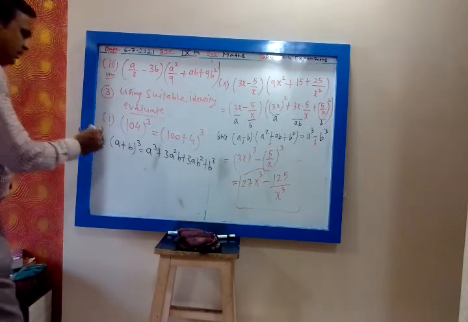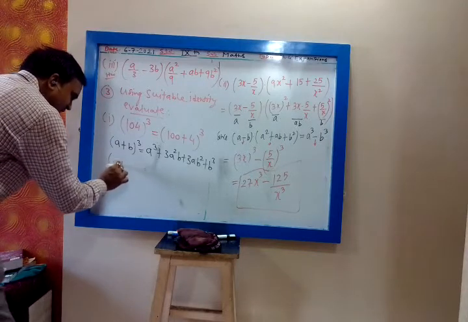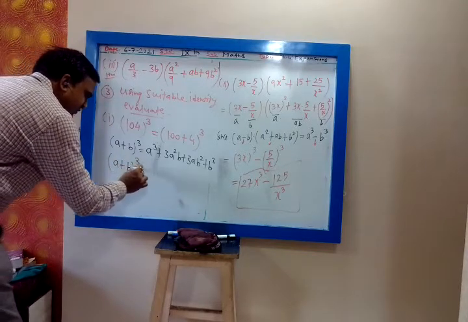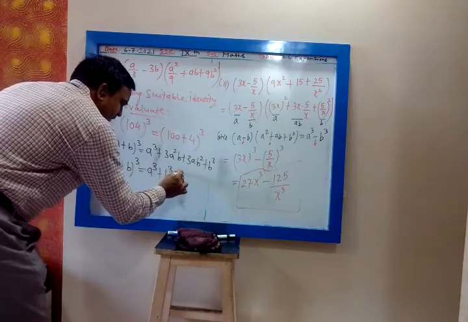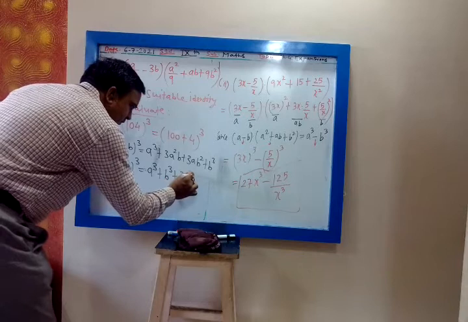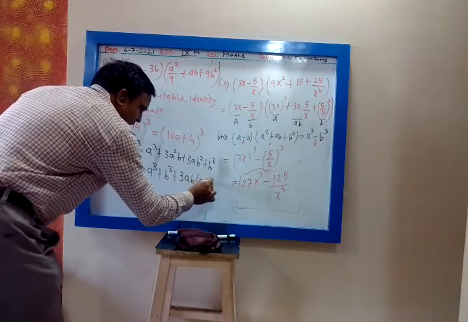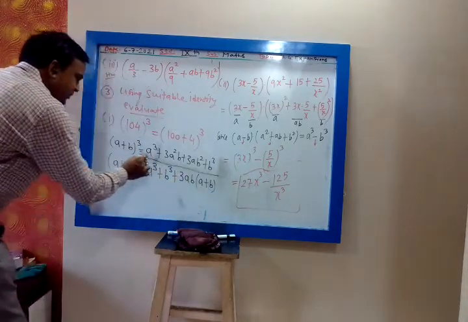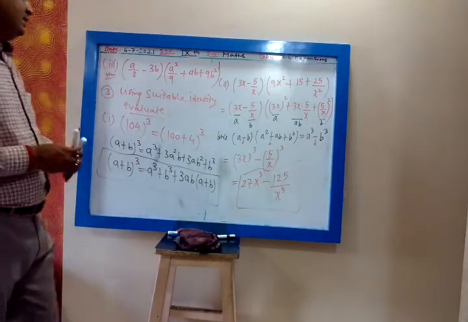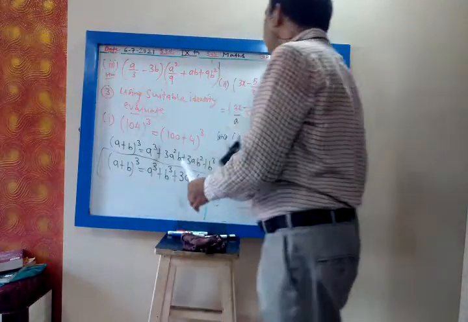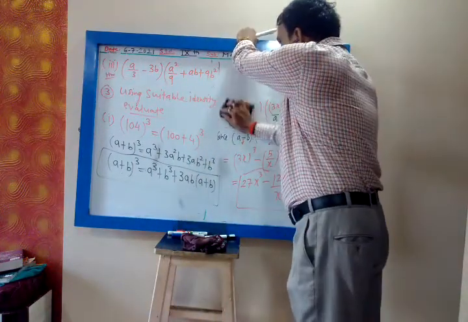Followed? Yes, you can use one more formula, that is A cube plus B cube plus 3AB into bracket A plus B. This formula also can be used. So whichever we want to use. So 104 is (100 plus 4) cube.